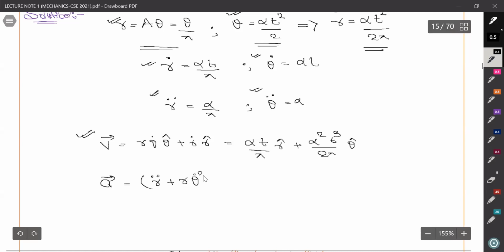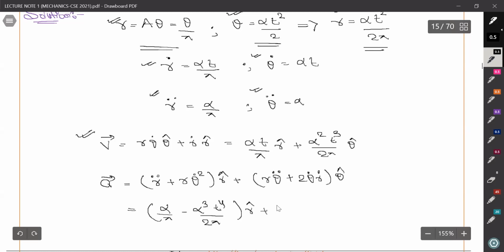It is (r double dot minus r theta dot whole square) r cap plus (r theta double dot plus 2 theta dot r dot) theta cap. Just put these values. R double dot, that is alpha by pi, minus alpha cube t to the power 4 upon 2 pi, r cap. R theta double dot, r is given as this. So what can we write?